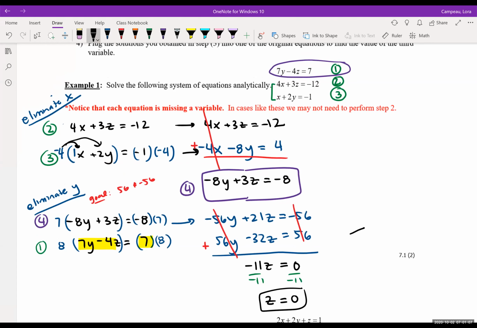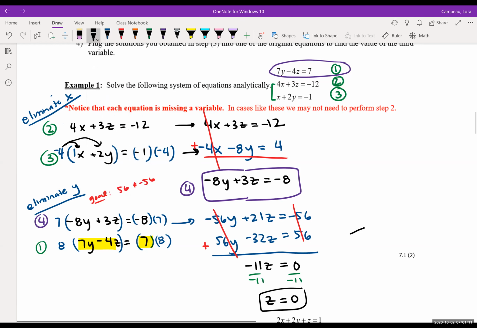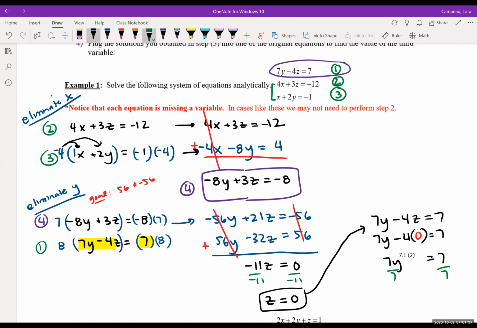Sometimes this needs a little bit more paper than what I've allowed. There we go. So we have z equals 0. If I plug this into 7y minus 4z equals 7, 7y minus 4 times 0 equals 7. So 7y equals 7. Divide both sides by 7, and you get y equals 1.